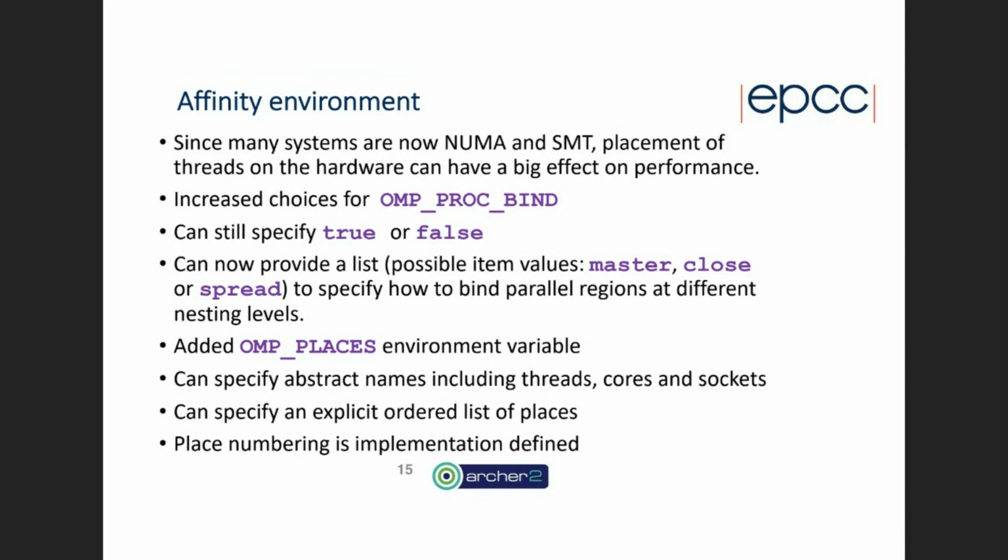Yes, so if you just have one level of parallelism, then probably just specifying OMP_PROC_BIND equals true is enough. Just to say, I don't mind where the threads go, but once you've put them somewhere, don't move them. Okay, perfect. Okay, thank you.